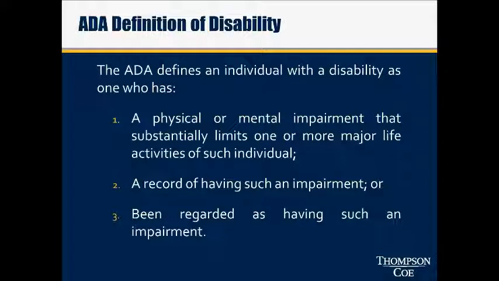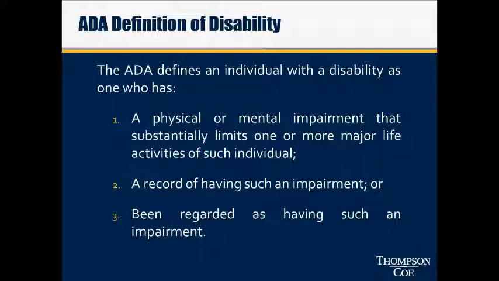When the ADA was amended in 2008, it expanded on what qualifies as disabled. So while it is a hot area of contesting, frequently most people who attempt to can qualify as an individual with a disability.